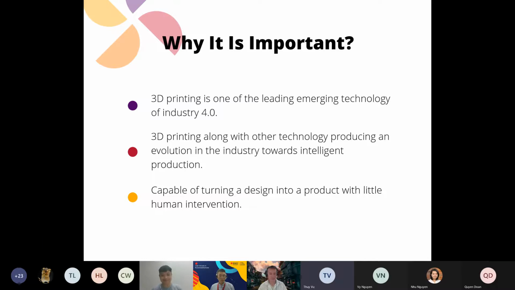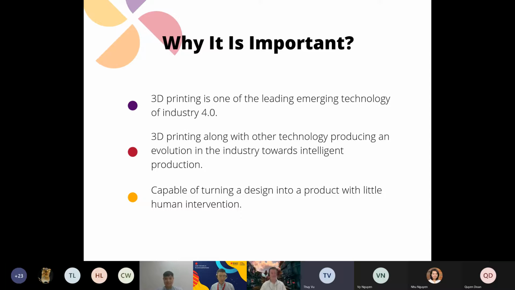Okay, hello everyone, my name is Tri, and today my team is presenting to you 3D printing technology. By definition, 3D printing, also known as additive manufacturing, is a process of making three-dimensional solid objects from a digital file.